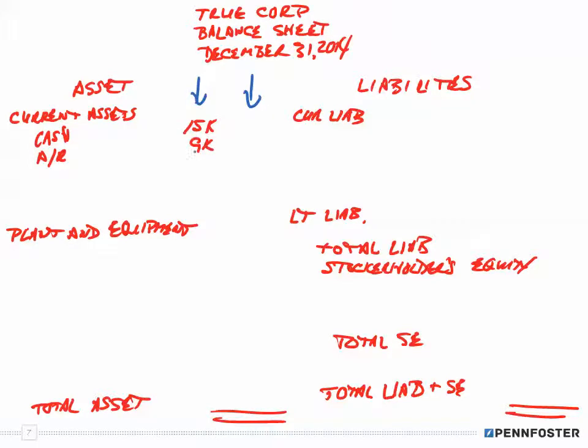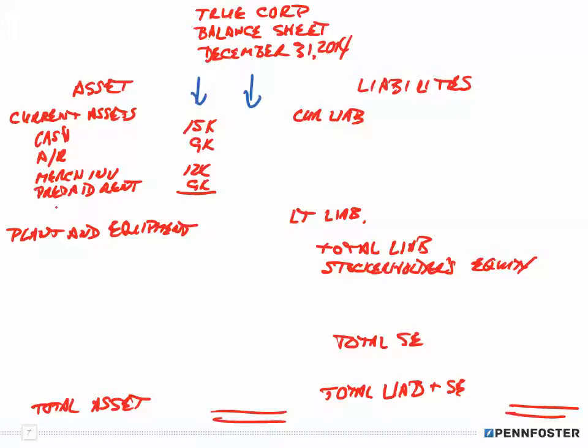We know that merchandise inventory, again abbreviated, you should write it out, was 12,000. And prepaid rent was a current asset. So that's 9,000. Okay, and that's the total of them all.